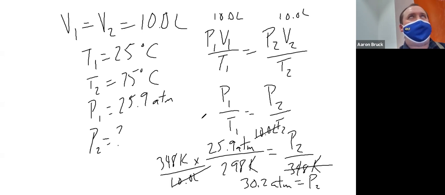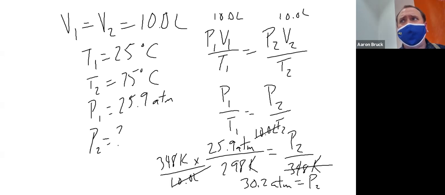That's the definition of Charles' law. So the combined gas law is a good starting place, but we can simplify it based upon our conditions. So in this case, we had constant volume. We can simplify based on that constant volume.